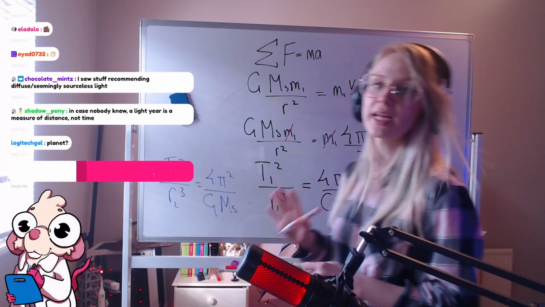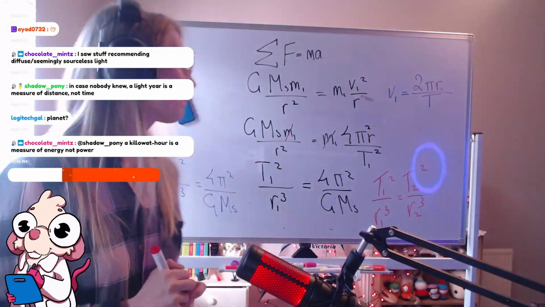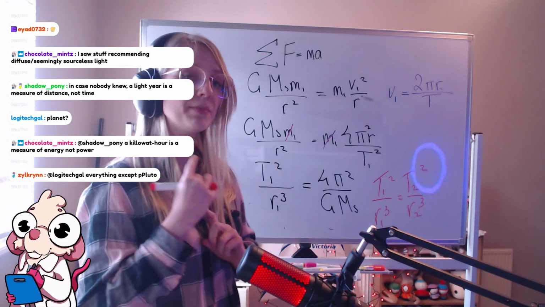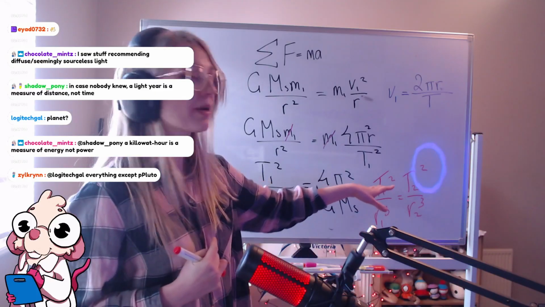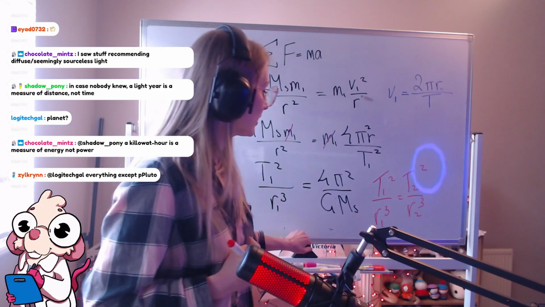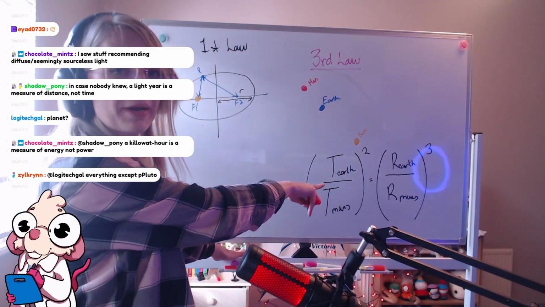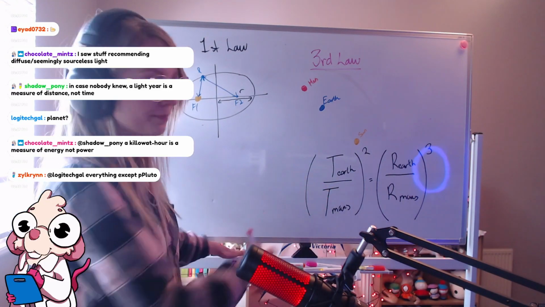There's a direct relationship between the radius of any planet in our solar system and its period, the time it takes to orbit around the Sun. This is Kepler's third law. Just rearrange it ever so slightly and you get the same thing.